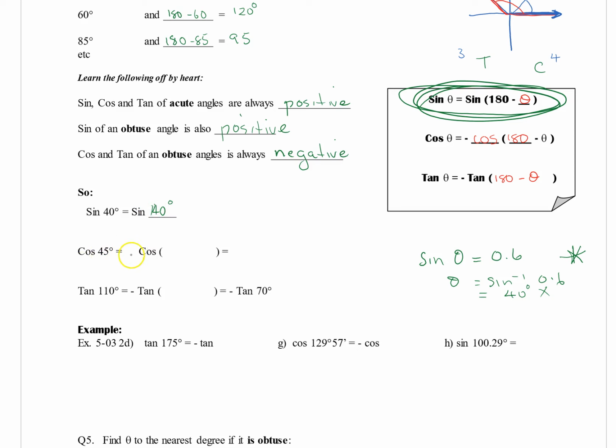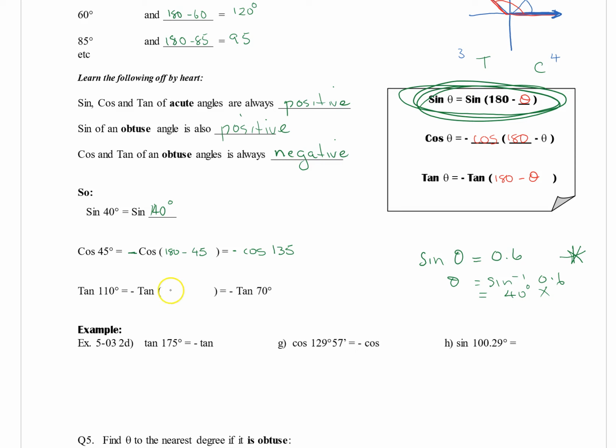Cos 45 is minus the cos of 180 minus 45, which means it's minus the cos of 135. So it's 135 and 45 that have the connection.